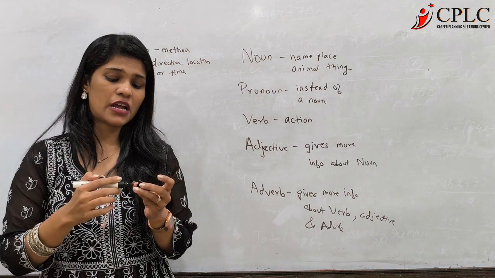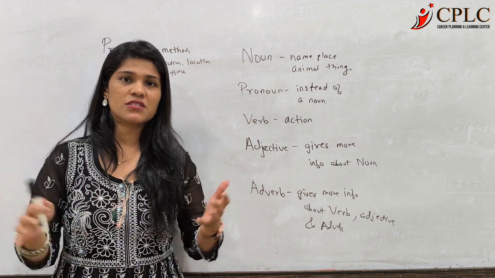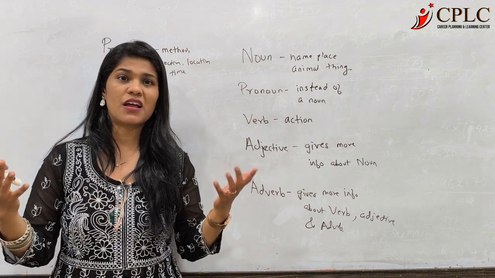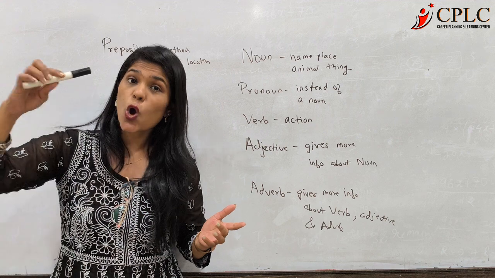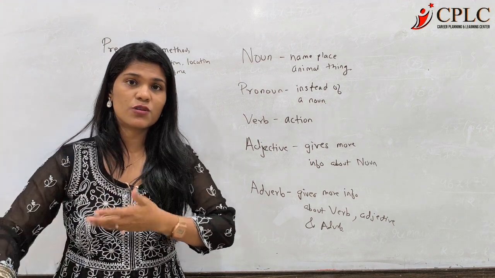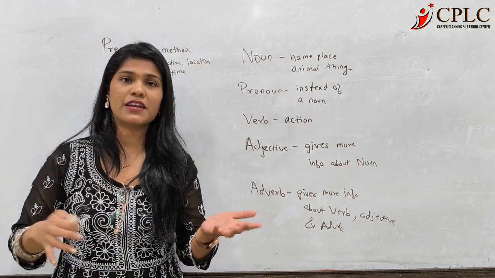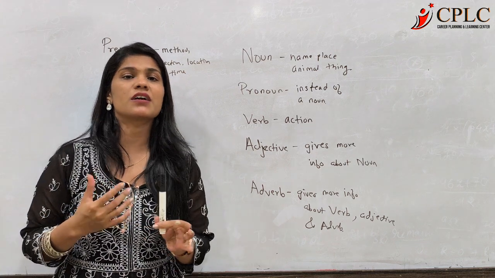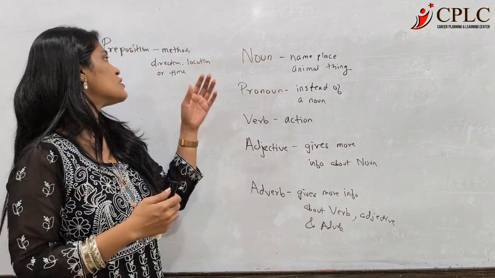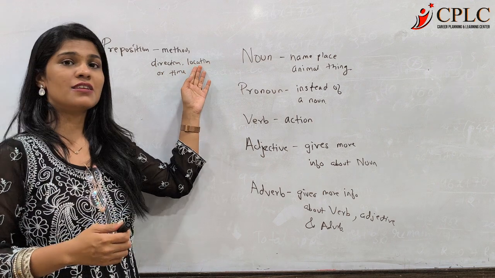If I say the marker the table, we will not understand. Marker is on the table, below the table, under the table, beside the table. Now you understand where the marker exactly is. So it gives you more information about the location.